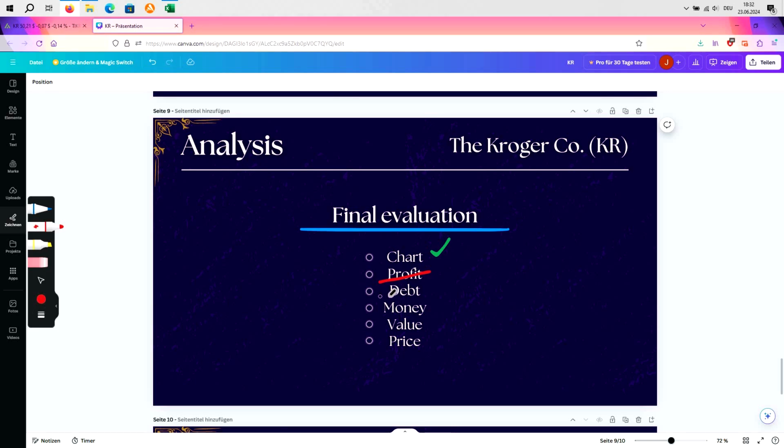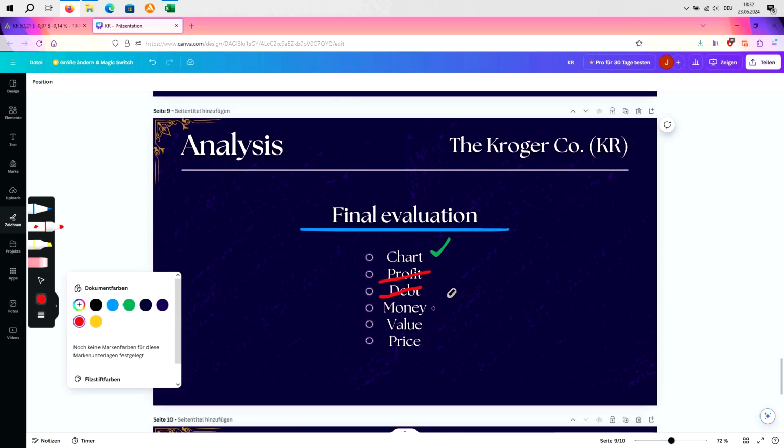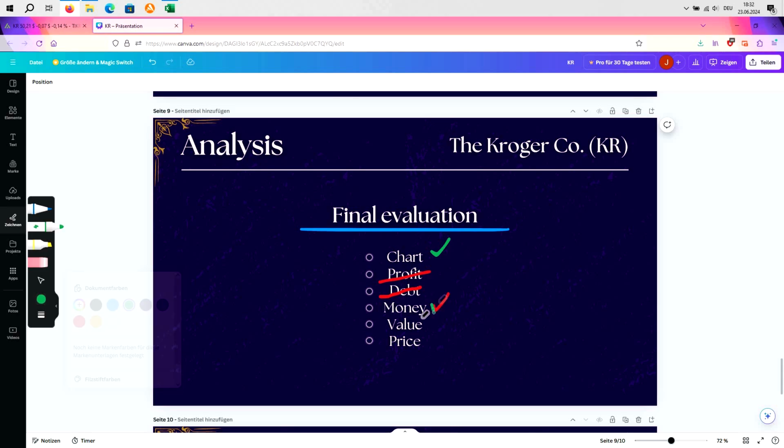Now the debt was also increasing, but also relatively staying the same all the time. They have money on their bank account, so that's a good thing. The value, in terms of the P/E ratio, is overvalued, but in terms of the intrinsic value, it's undervalued.